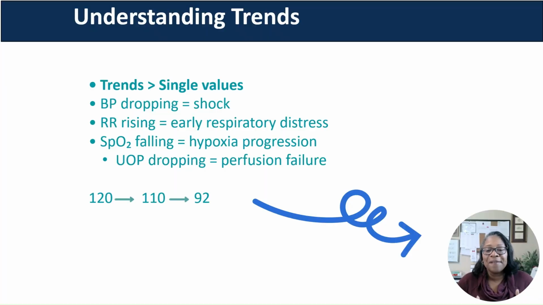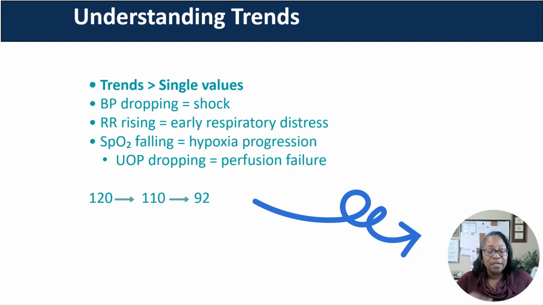So, let's define the most common trends: falling blood pressure. So, let's say 128 over 84, now it's 110 over 72, now it's 92 over 60. So that is going to show you a shock pattern. Even if the 92 over 60 is borderline, the pattern is the red flag.